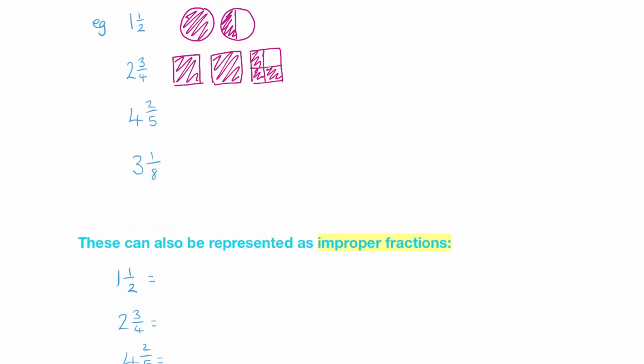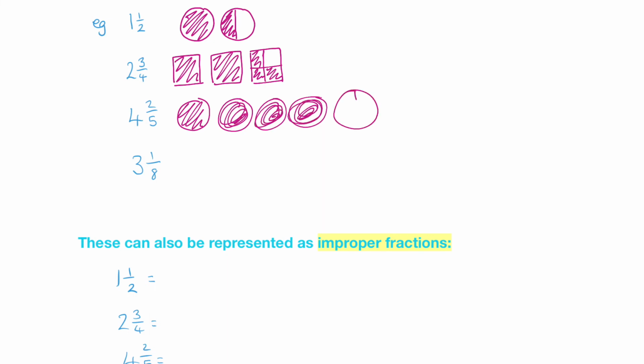4 2/5. I'm going to go back to circles. 1, 2, 3, 4. So we've got 1, 2, 3, 4, and 2/5. So split it into 5 equal bits and choose 2. So 4 2/5 looks like that.